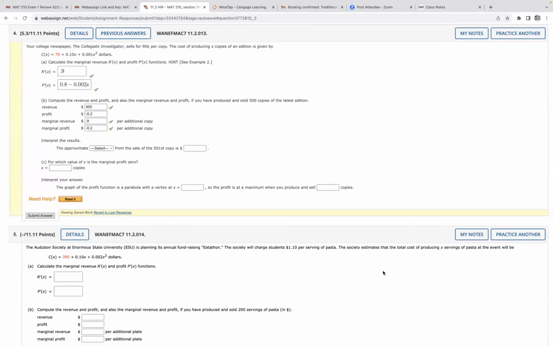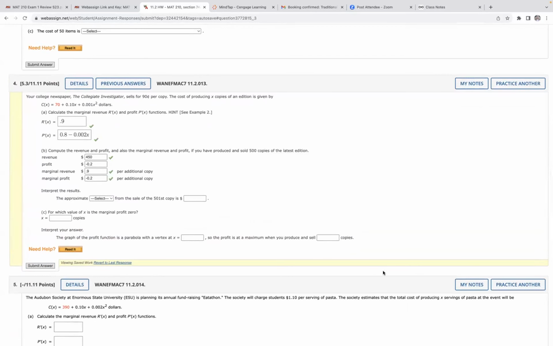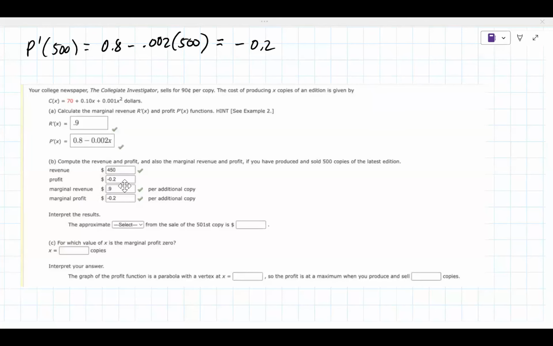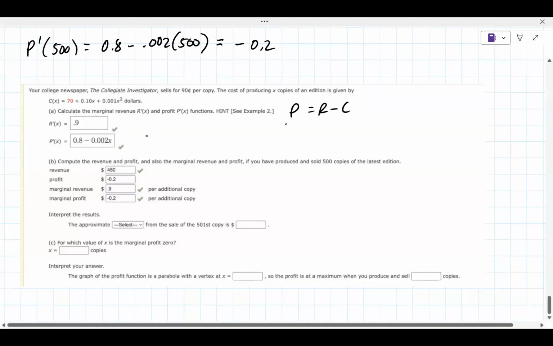Actually, I did miss something. I don't have all of this, so let me snip in a bit more of this. Okay, so the profit function, which we don't have, profit is revenue minus cost.